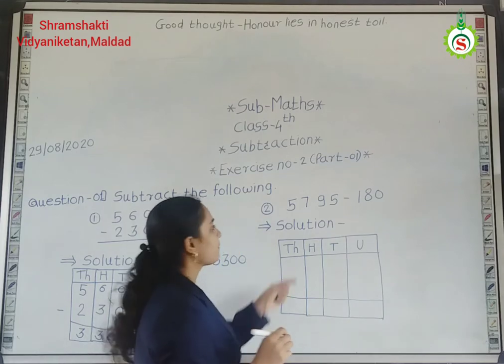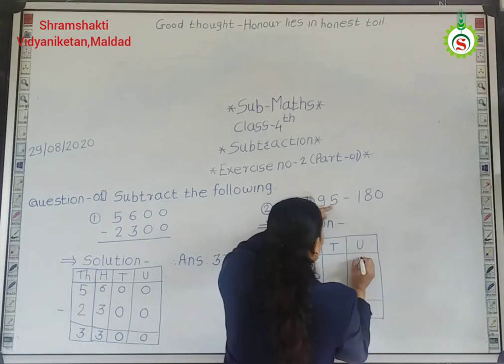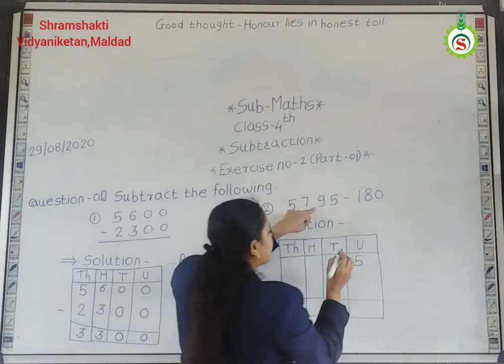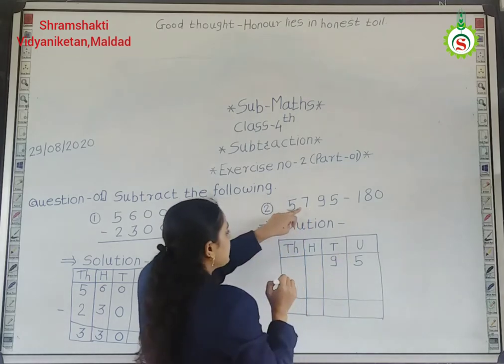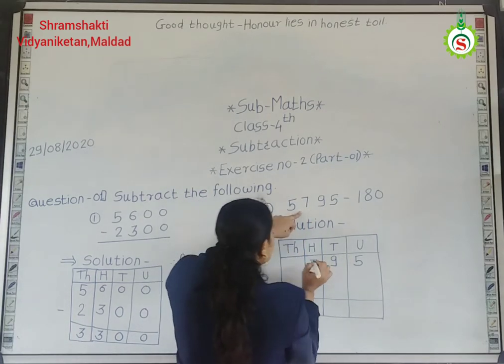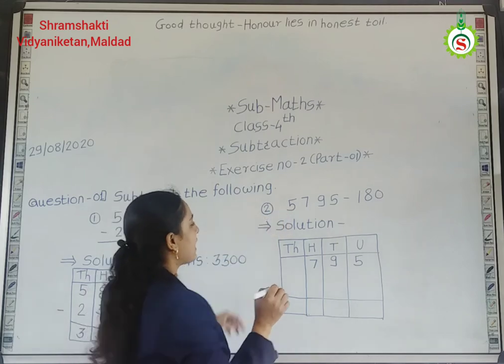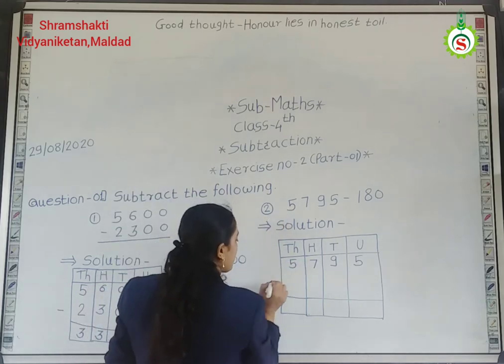So here 5 is at units place, 9 is at tens place, 7 is at hundreds place, and 5 is at thousands place.